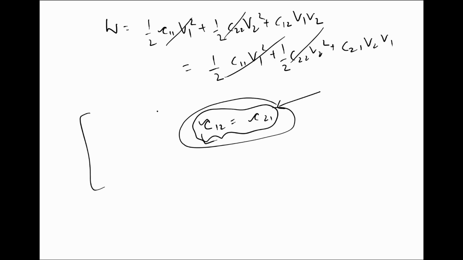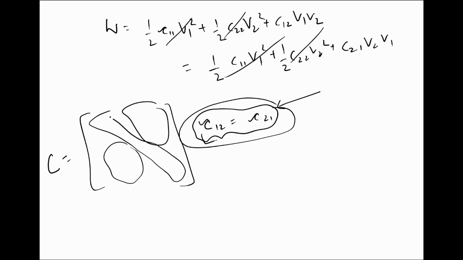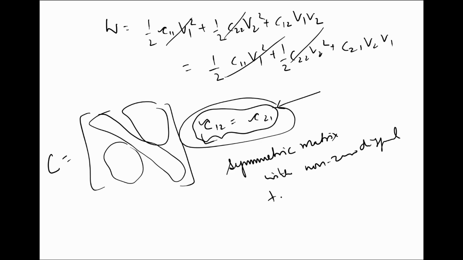So this C matrix is symmetric, meaning these are equal, and we know that these diagonal elements are non-zero. So there is a mathematical property that a symmetric matrix with non-zero diagonal has positive eigenvalues, or it implies it has non-zero determinant.